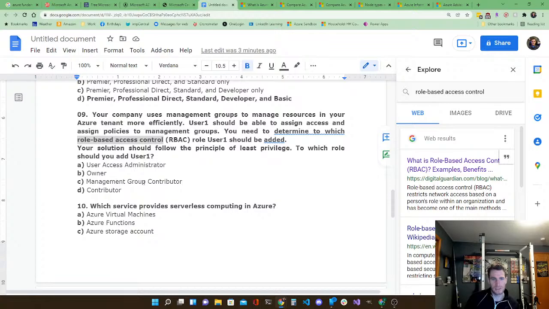If you're a management group contributor, I think you're within a management group. You're not really like an administrator of that management group. Same policies. Owner sounds like they would just get all the rights.